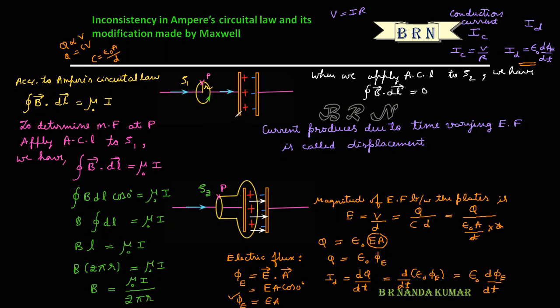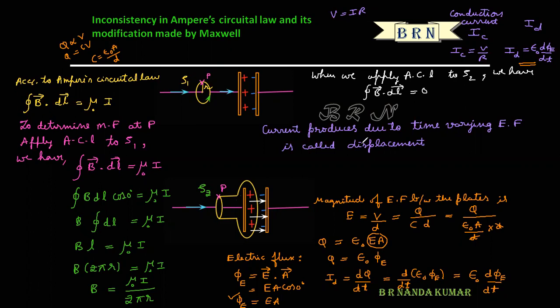What is the meaning of displacement current? Current produced due to the time varying electric field. Conduction current means current produced due to the flow of charges. Displacement current means current produced due to the time varying electric field.